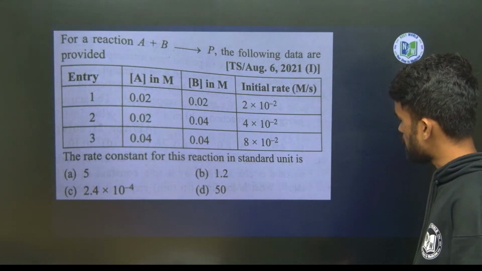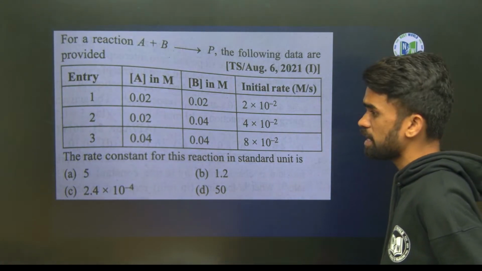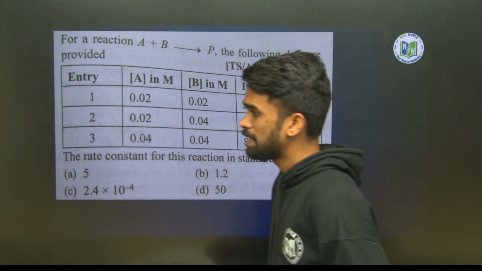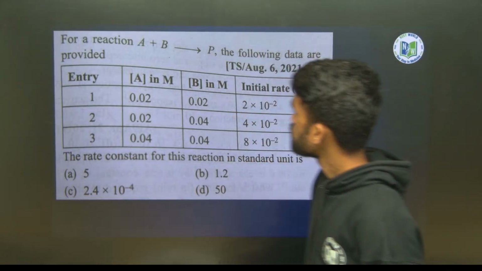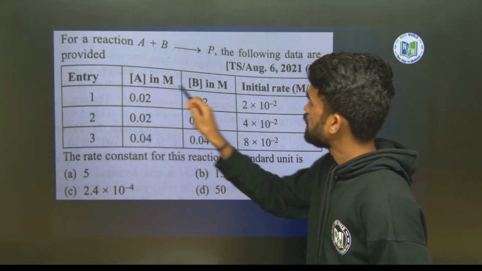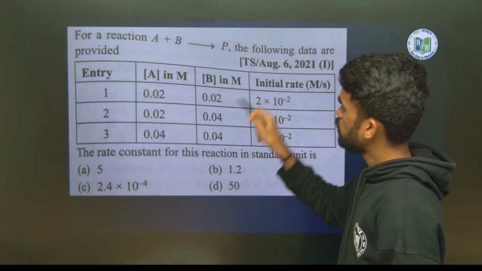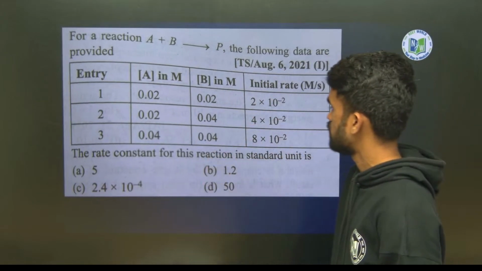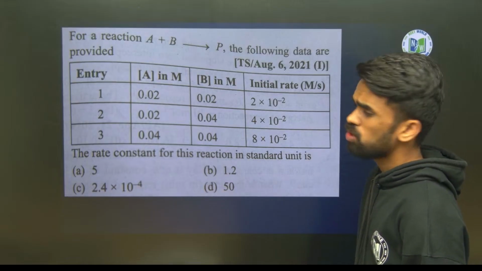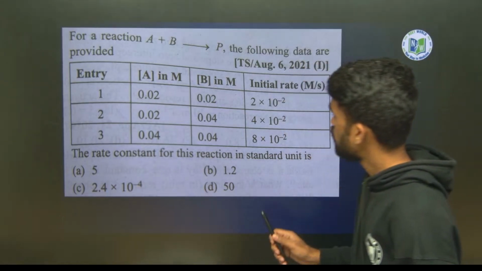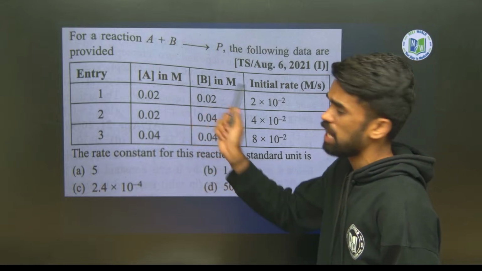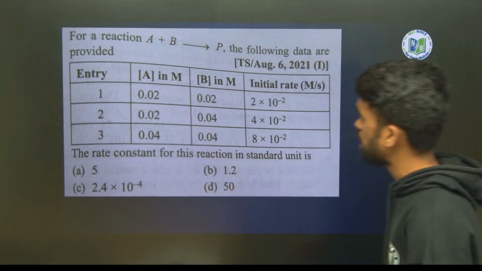So this is from chemical kinetics. Anyone in the comment box can answer this chemical kinetics question. By looking at the data and initial rate, you need to find the rate constant of this reaction. So easy, right? First of all, find the order of reaction. Why do we need to find the order of reaction?